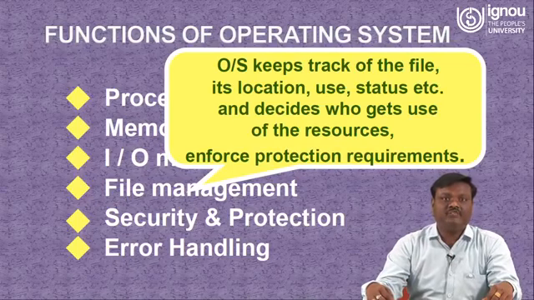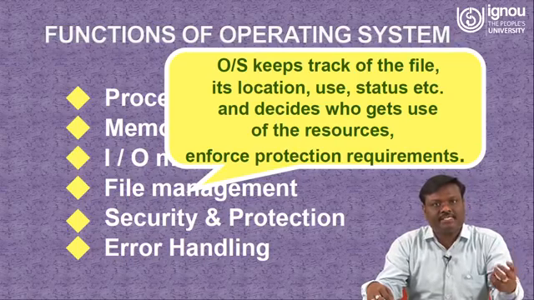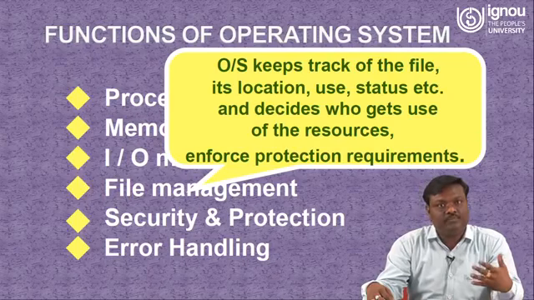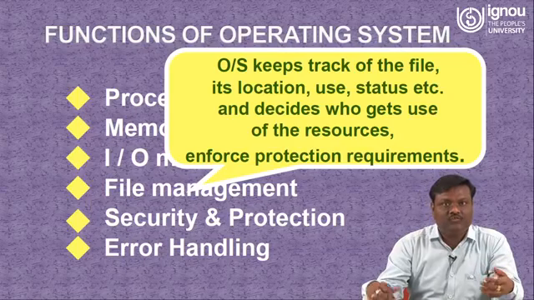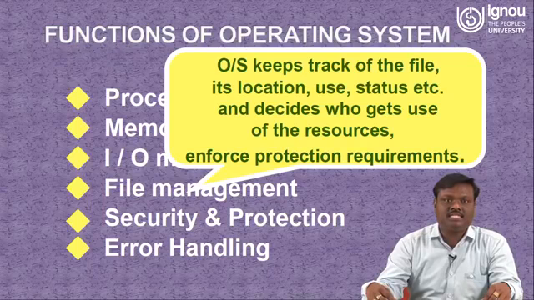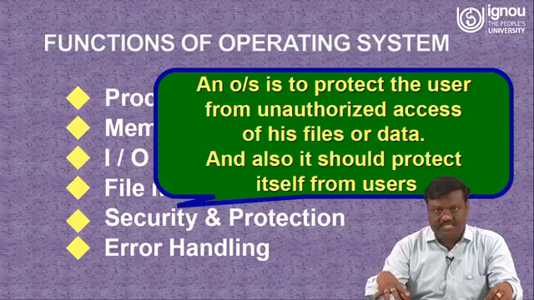In order to maintain the file status, or tracking of the file on the hard disk, where it is available, at which location, what exactly is the status, with which prompt we opened that file, what are the privileges that the file has, who is the owner of the file, what is the size of the file. All these things the OS should keep track of when coordinating, and it decides to whom it should be allotted depending upon the privileges and other security requirements.